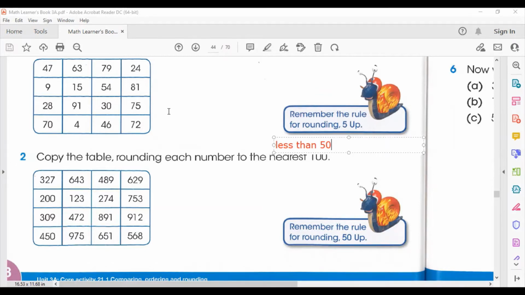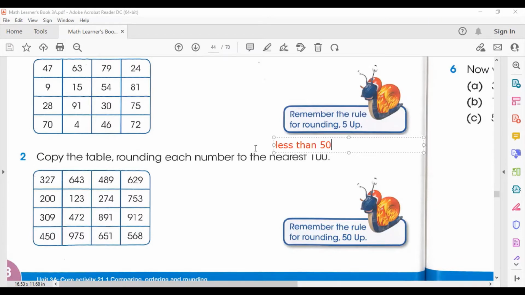Here, less than 50, so we no need to change the 100 place value. I'm repeating, when we are talking about nearest 100, if the last 2 digits are less than 50, then we no need to change the 100 place value digits.